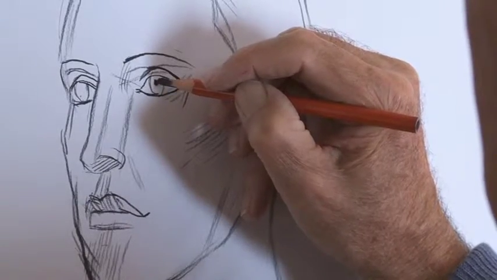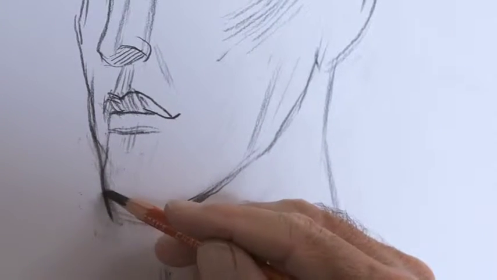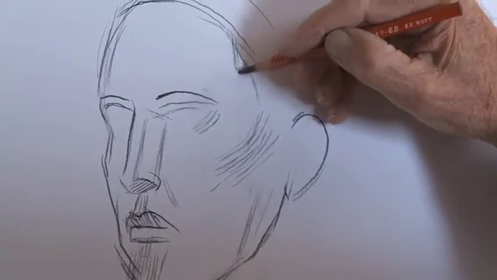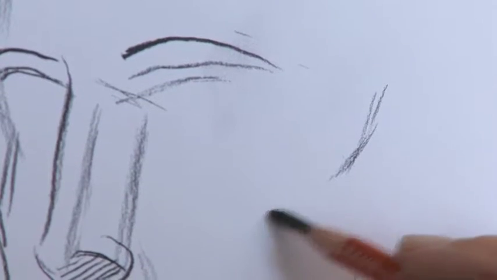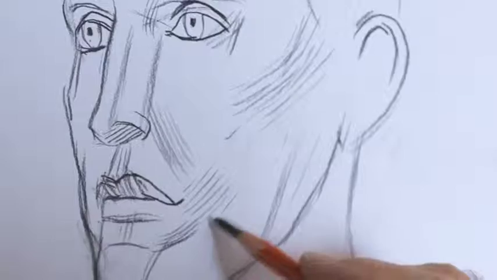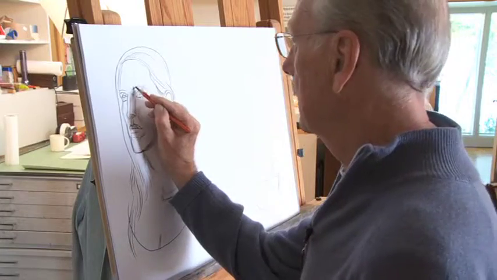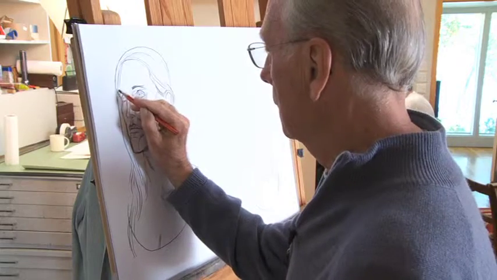But in fact, a lot of it has to do with the forms of the head: the slant of the brow, for instance, or how deeply the eyes are inset, or how much the nose protrudes out of the cheek. Everything, the cheekbones, the chin, all of the things that make up the complex interlocking form of the head are part of what you're looking at and should be part of what you draw.